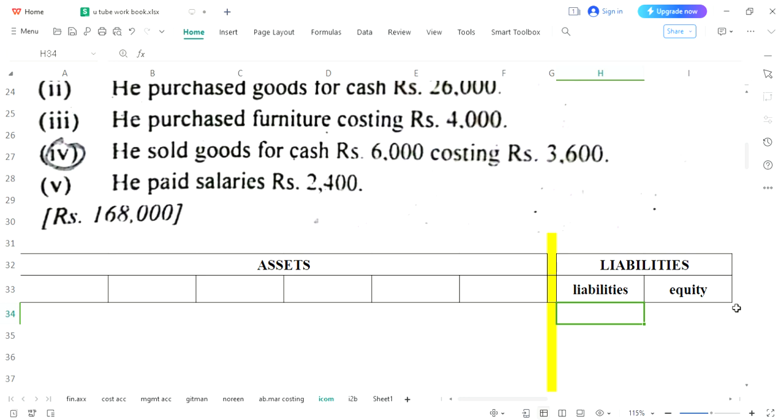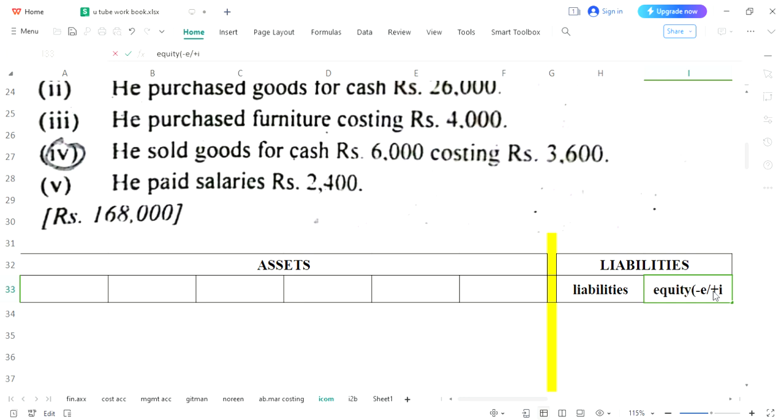You will be noting down all of your expenses and income over here. How? You will subtract all expenses and then you will add all of your incomes.